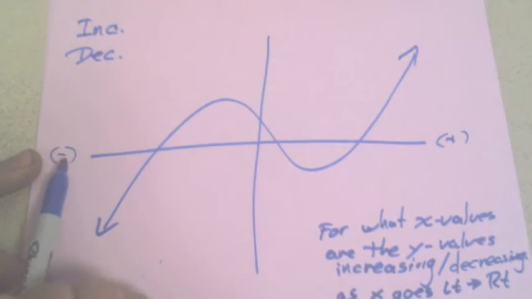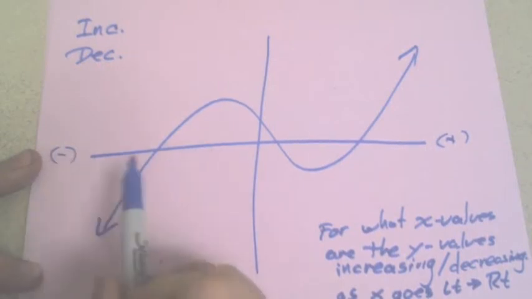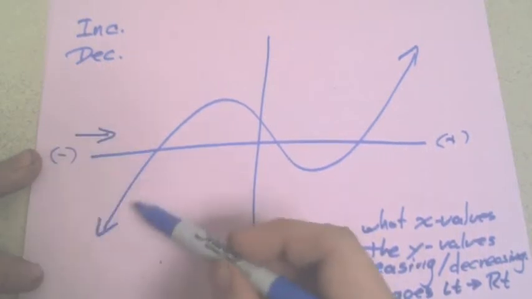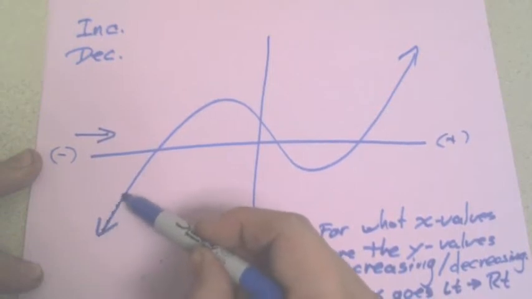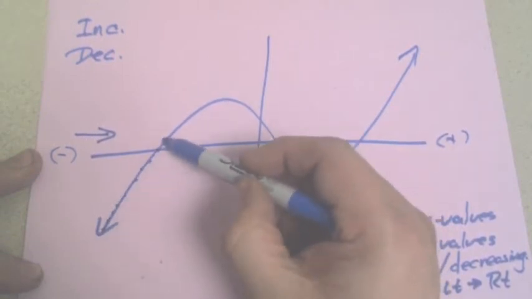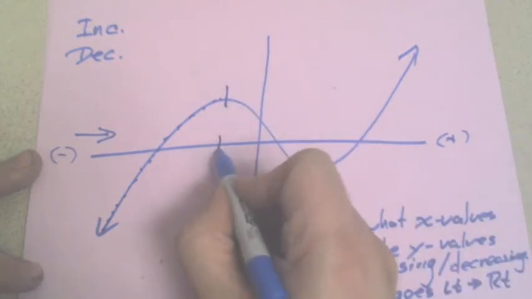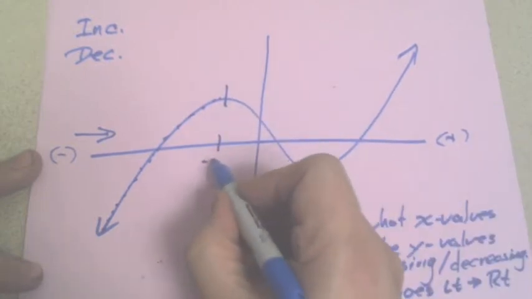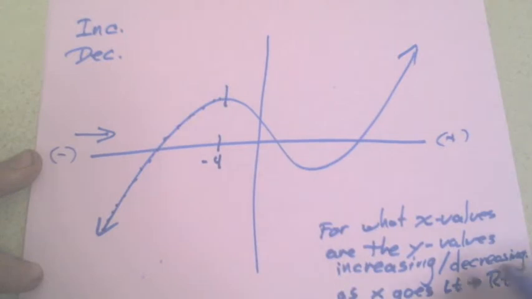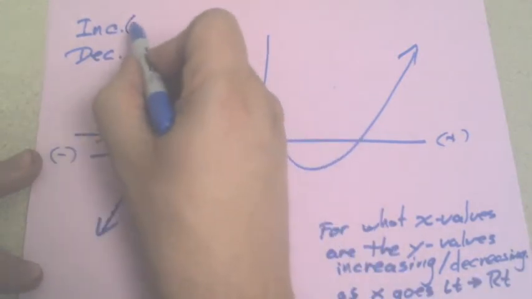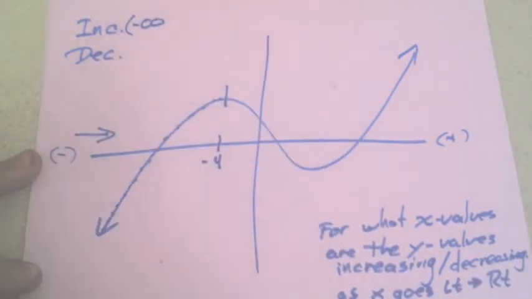So as our x values go in this direction, here our y values are actually going up and up and up until they reach this relative max. Let's say that relative max happened at -4. That would mean we are increasing from negative infinity, as far this way as you want to go, assuming this continues downward.